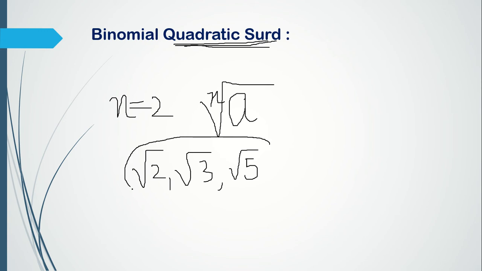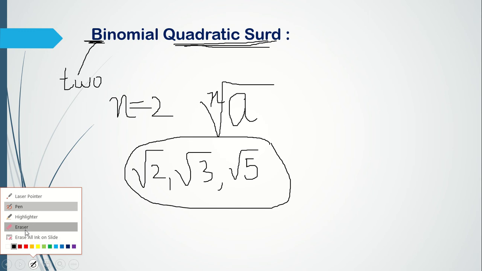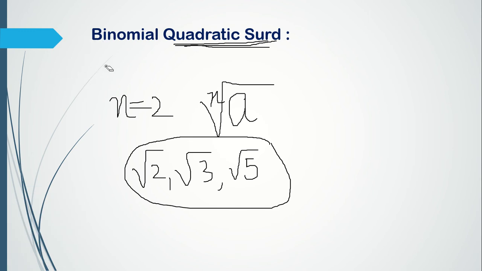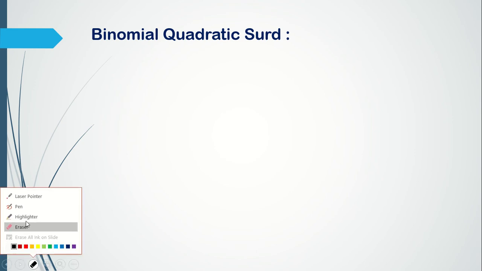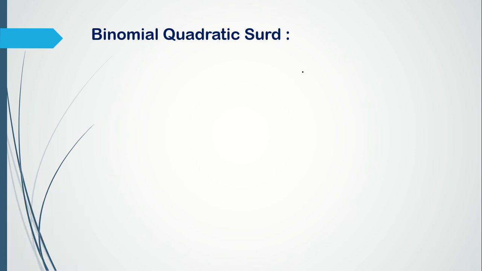So far we learned what are quadratic surds. Now what are binomial quadratic surds? Bi, wherever you get bi, in chemistry or physics, will always mean 2. Now a binomial quadratic surd is actually a sum.